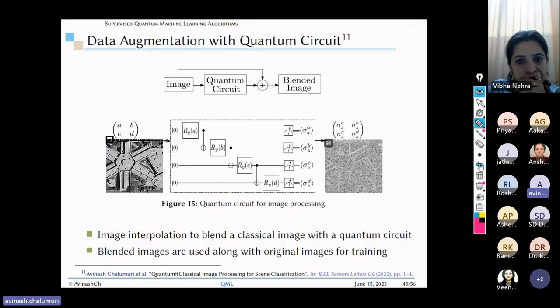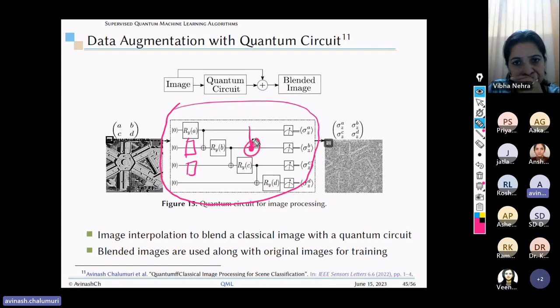Again, the quantum circuit that you are looking at here is designed after a lot of empirical experimentation with multiple combinations of different gates, different combinations of CNOT gates and all these things. And if you observe, this particular approach is giving almost edges being detected because of that.